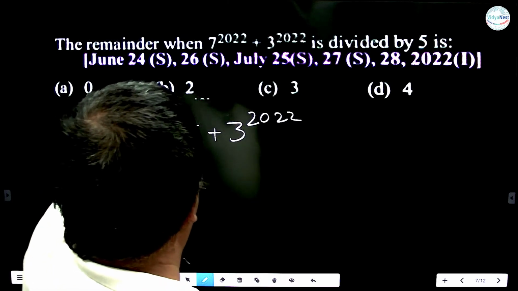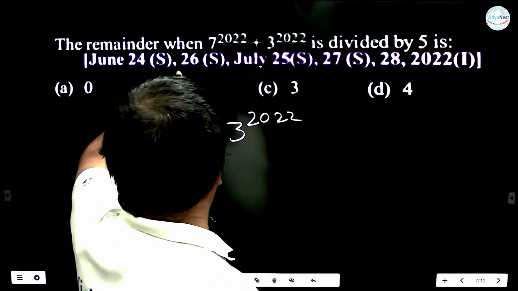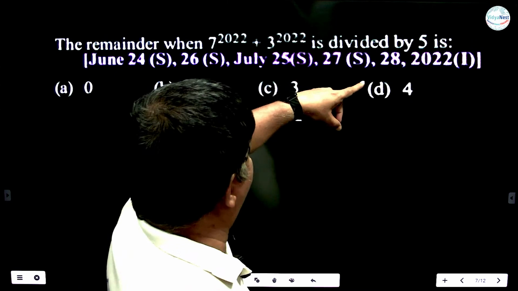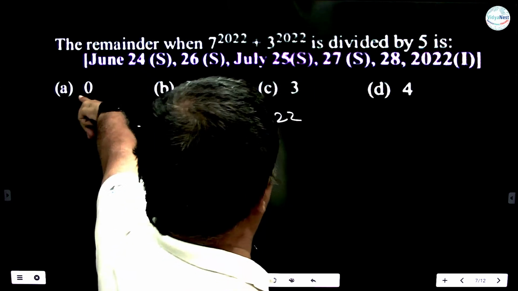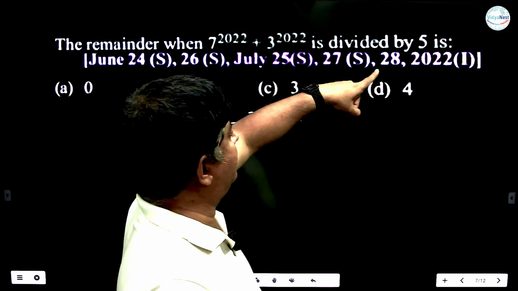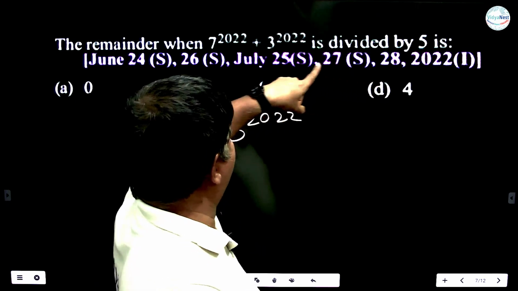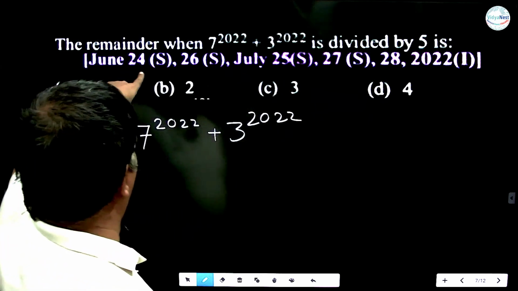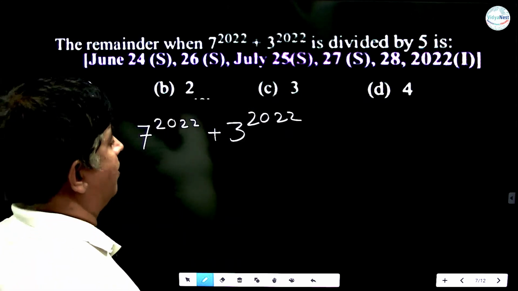It came on June 24, 25, 2022. In so many shifts it came. Until 2022, in different shifts, the sum came.